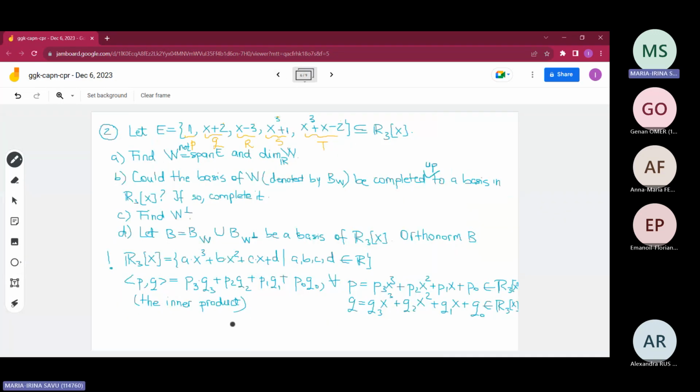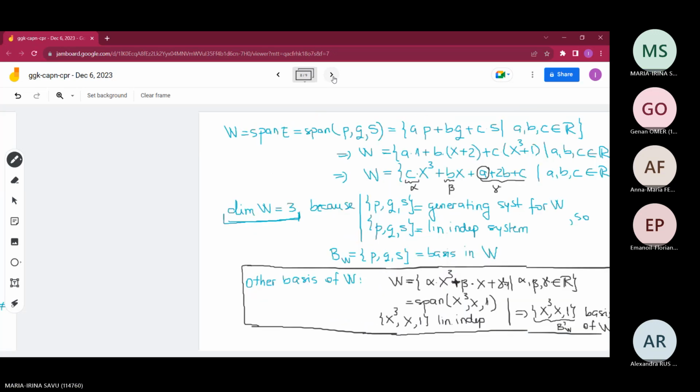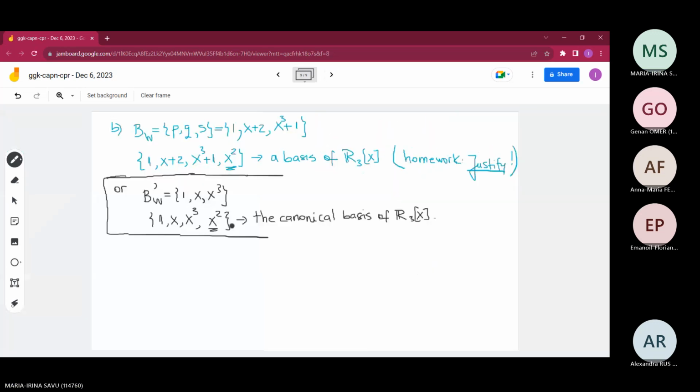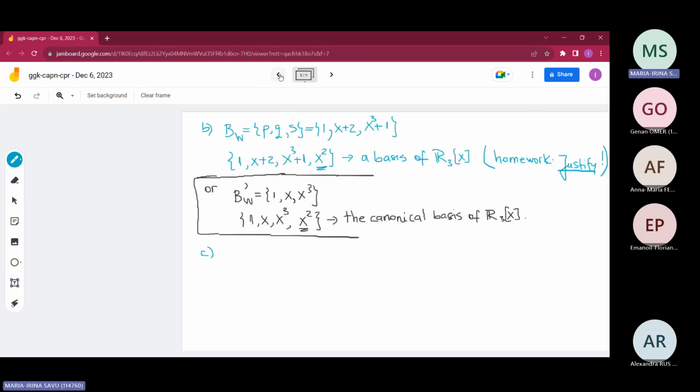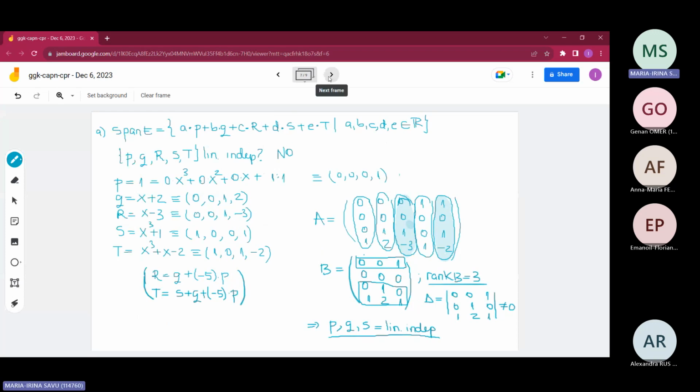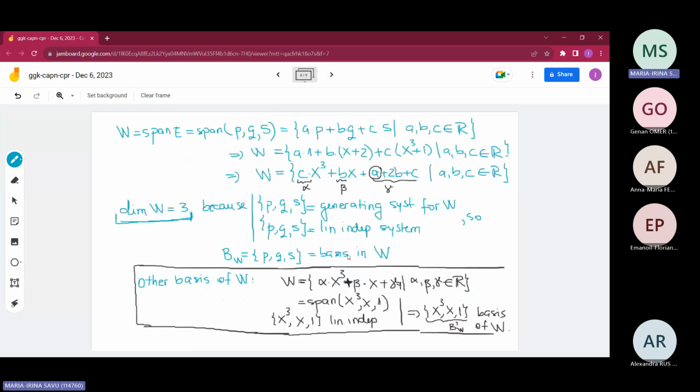Let's see point C. Find the perpendicular. Okay, so W is this space.